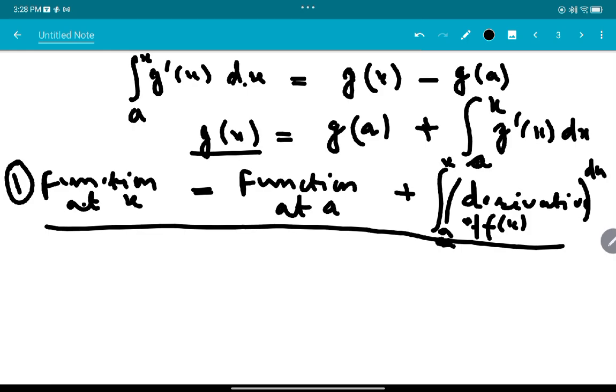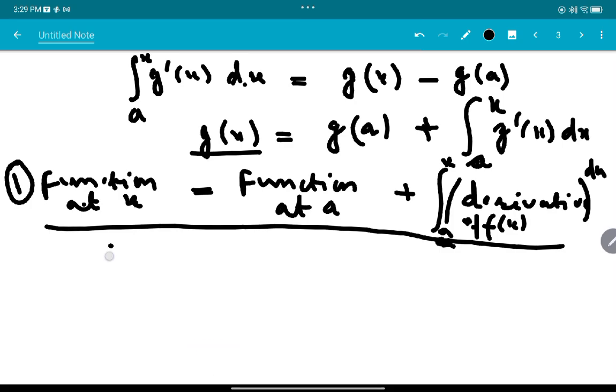The function can be any function; it's not necessary that you will always have gx or fx. The function should be continuous as well as differentiable in the closed interval a to x. So with that information, let us begin.